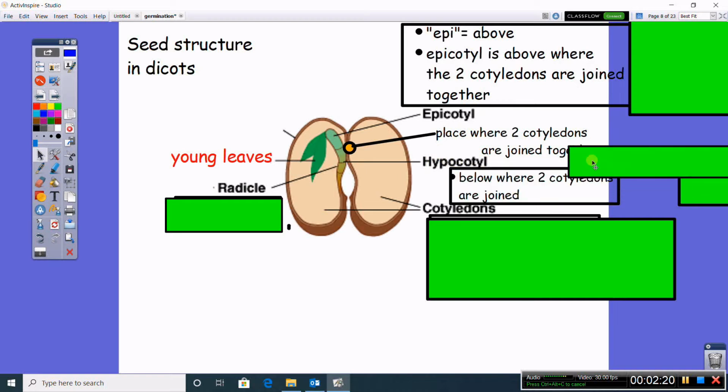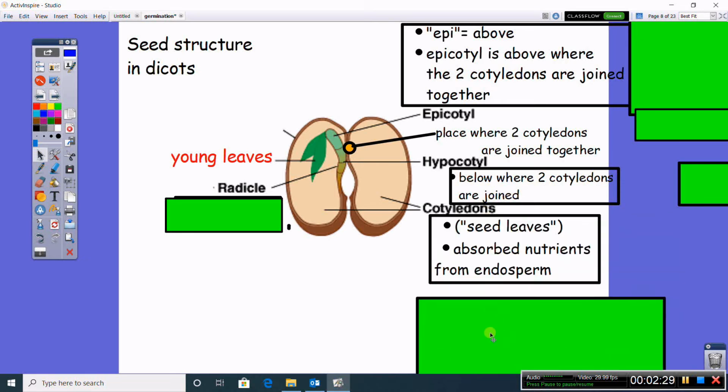Remember that the prefix hypo means below, so the hypocotyl is below where the two cotyledons are joined together. And cotyledons, remember, are seed leaves. In dicots, they're basically going to absorb all the nutrients from the endosperm that we get as a result of the double fertilization that we talked about last week.